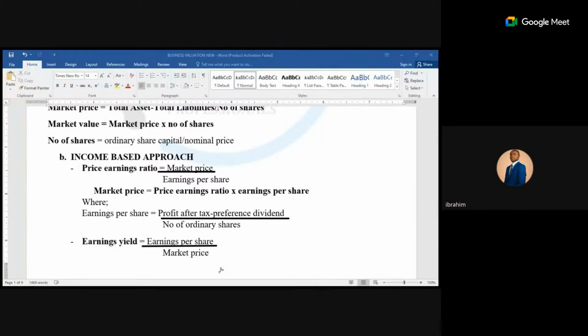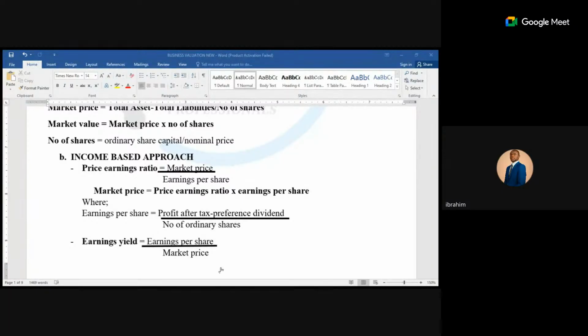Class, now practical. When you go to NGS today, you will see the market price of each of the stocks. The market price you see is not the market price you are calculating here. That is just the stock market price.